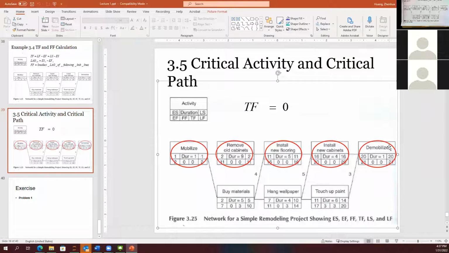That means these activities cannot be delayed. You have 0 days for flexibility. So that's called critical. All the zeros mean critical. Any questions?